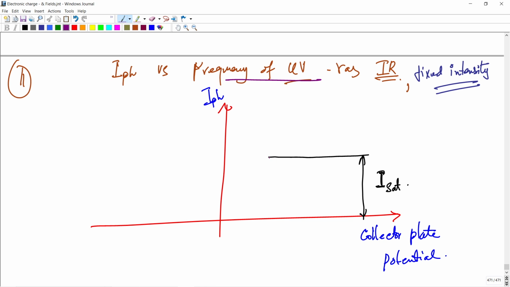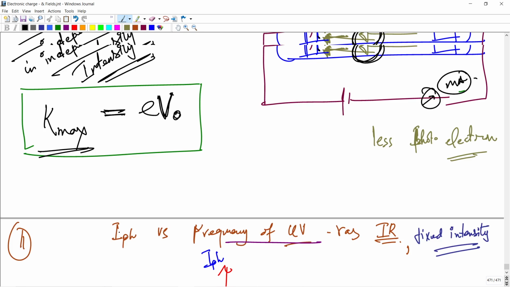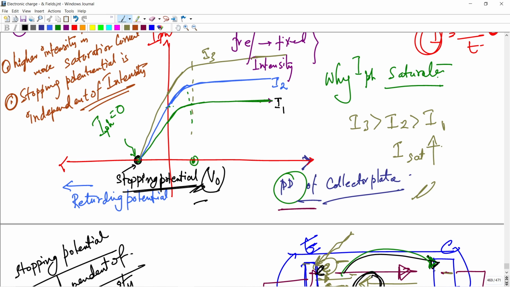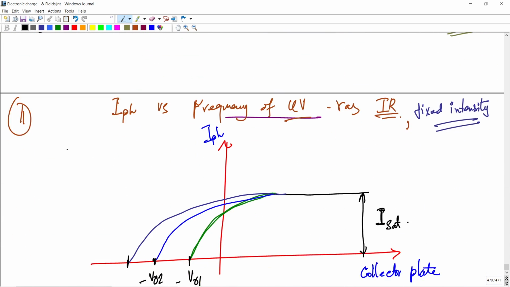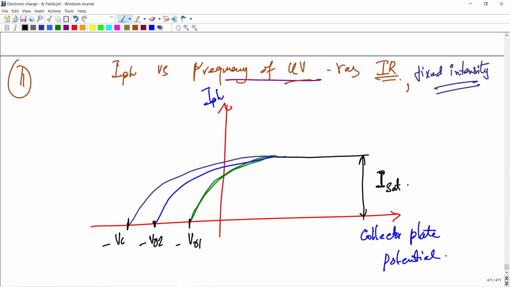Here we get three stopping potentials. The stopping potential for 1 is obviously a negative potential, and likewise for 2. The stopping potentials are very important: they are negative, on the negative axis, while these are the positive x and these the negative x, and that is minus V0 3.